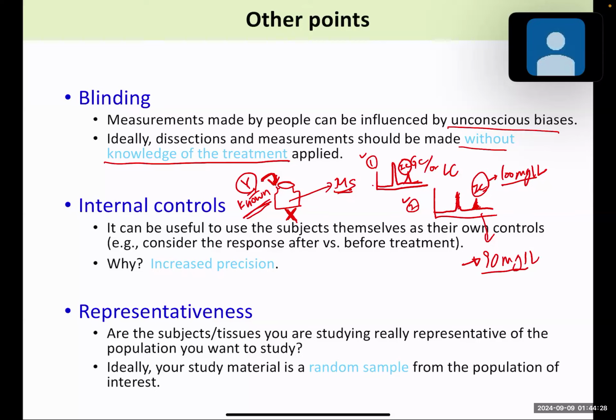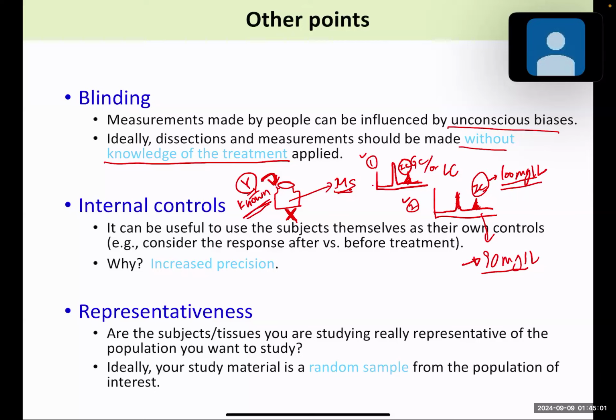Alright, so let me explain once more. So, for example, let's assume that you added an internal control when measuring an unknown sample, right? And depending on the equipment condition and variations between different experimental sets, the accuracy can be changed, right? So here you can add a little bit of internal control, the known chemical with known concentration. For example, let's assume that the concentration is about 100 milligram per liter.